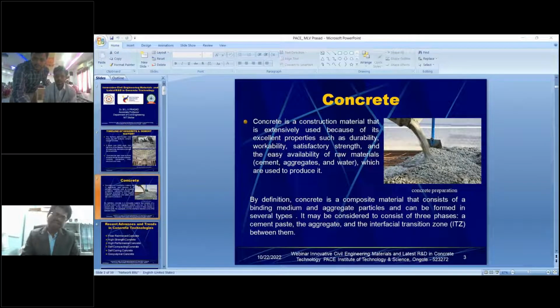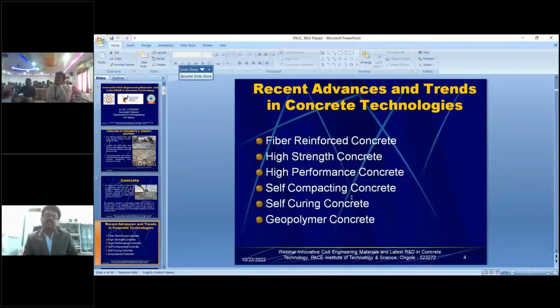So basically, particularly in India, we are very much habituated with concrete. Construction in India means we do it with concrete only, right? So let us see the advantages, recent advances and trends in concrete technology, and then the different methods of making new concretes.